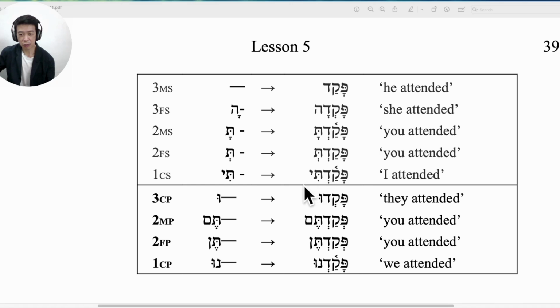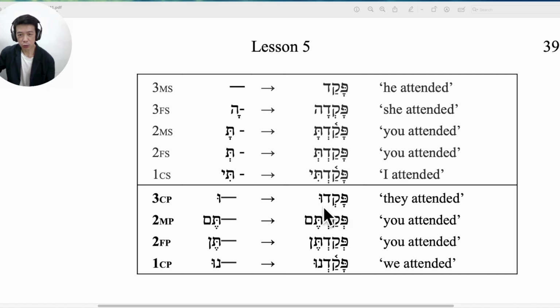Let's take a look at the plural forms. For the third person common plural, an u, meaning a vav with a dot, a dagesh in the vav, is added to the end of the word. So for they attended, it becomes pakdu.